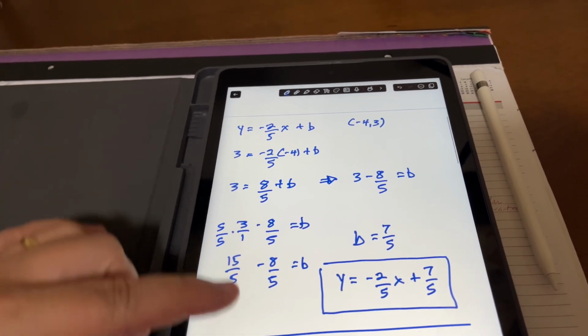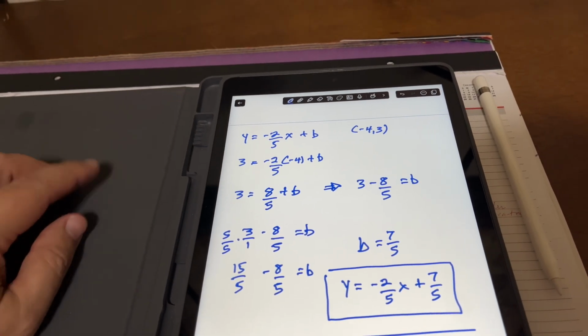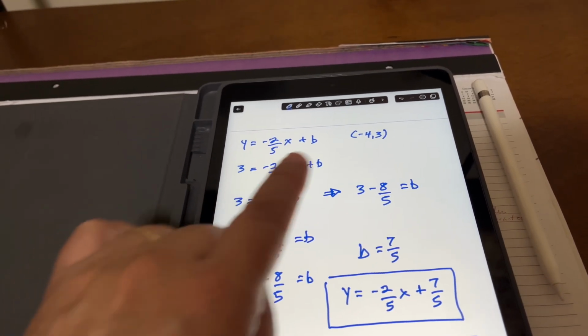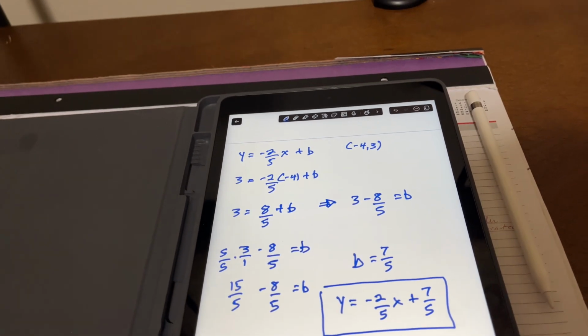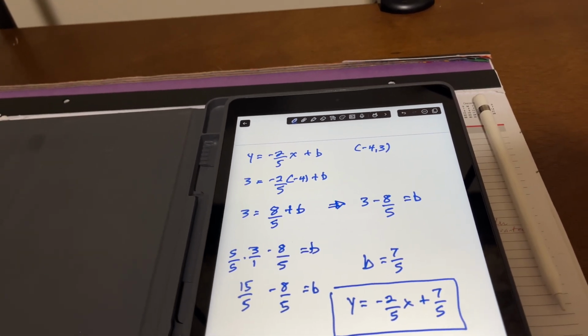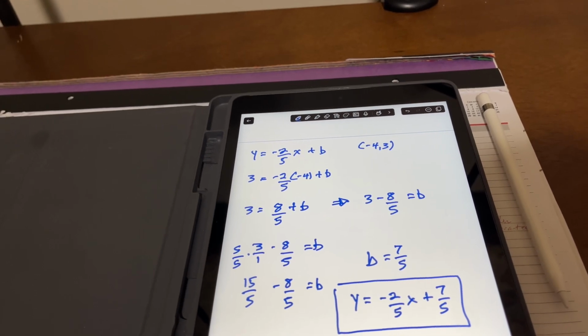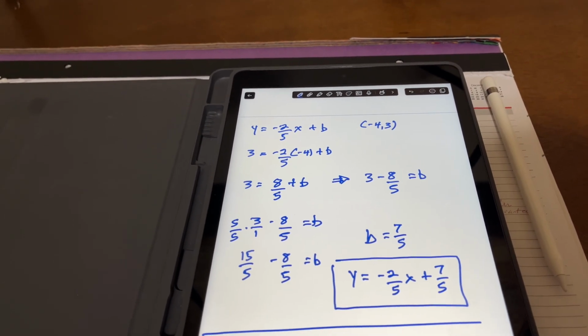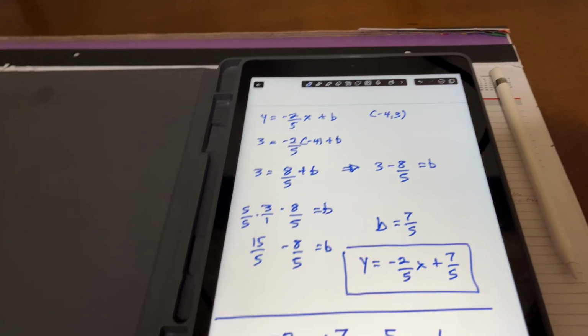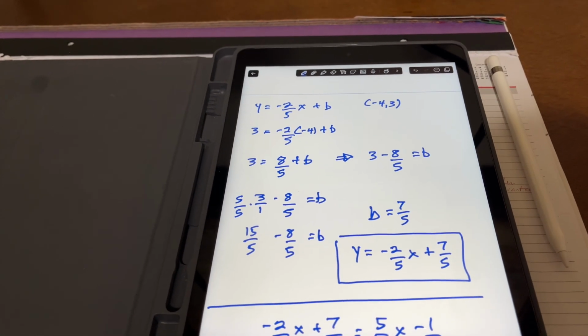Make sure you understand these steps. So I put in -4 and 3, -4 for x, 3 for y. -2 times -4 is 8/5, and then you solve for b. So you subtract 8/5 from both sides. I didn't use the calculator, but you could, and you end up with the y-intercept of 7/5. There's my equation.